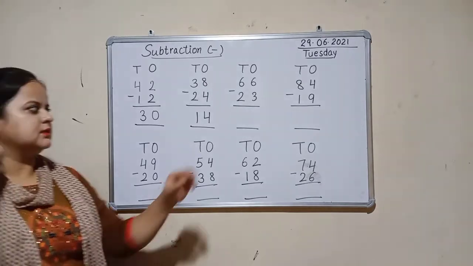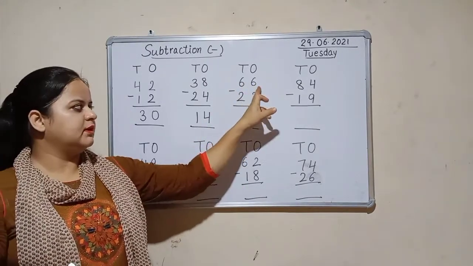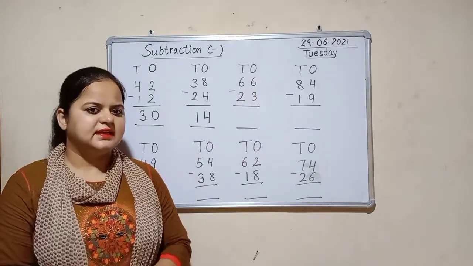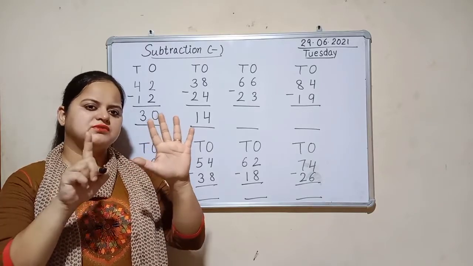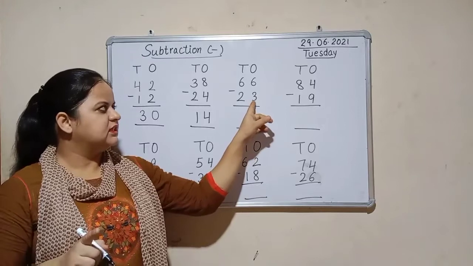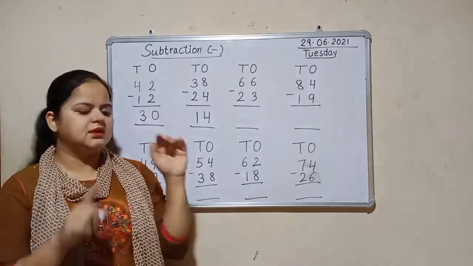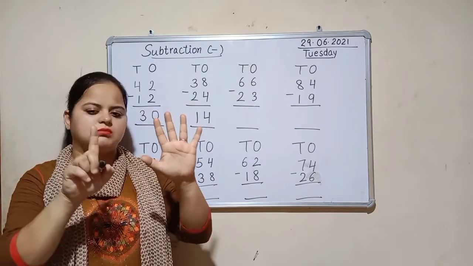The next is 66 minus 23. We will open 6 fingers. Now how many fingers we will close? 3. Second number is 3. So we will open 6 fingers and close 3 from the 6.